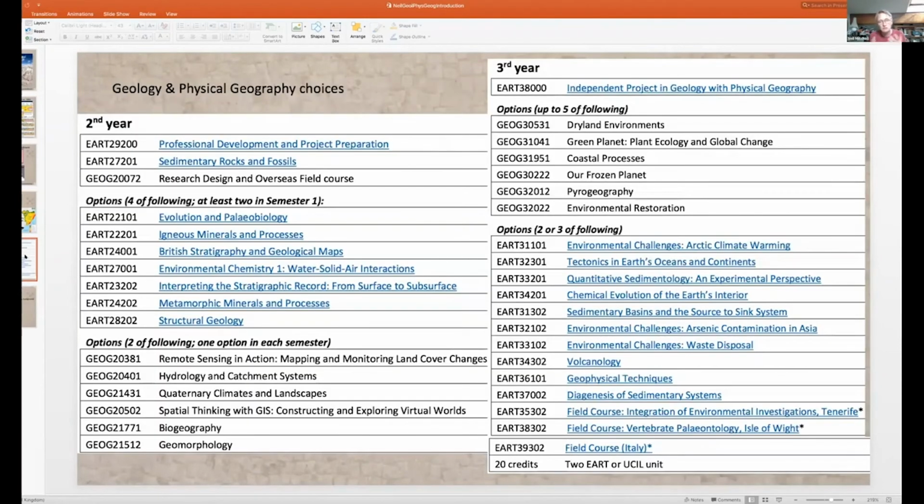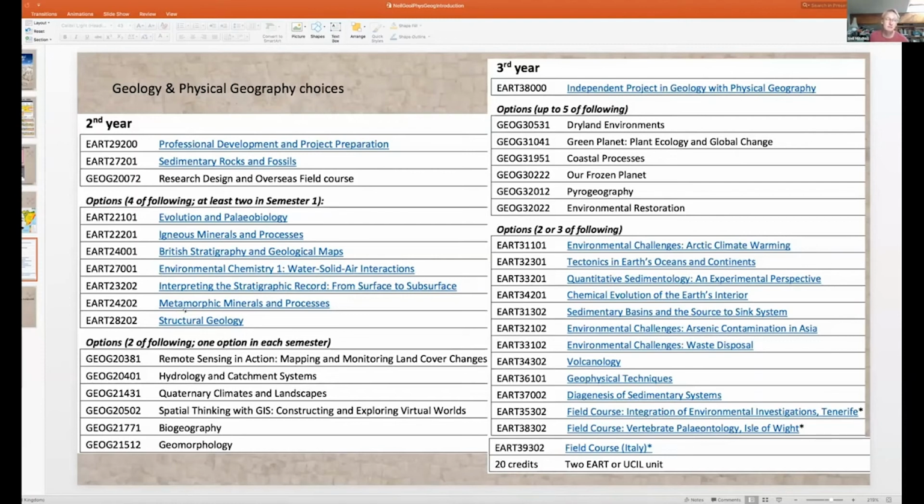And as I say, there's an enormous overlap between geology and physical geography that we enjoy working between. Our modules allow you to pick a wide variety of pathways within a pathway, if you like.